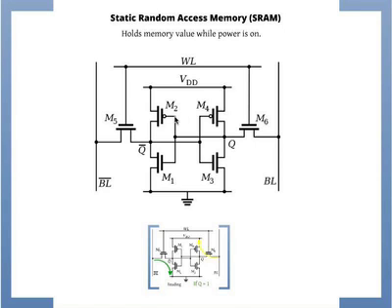I want you to think carefully. Q is the value that's stored. Q bar is the complementary value. So let's say, for the sake of argument, the value stored is 1. Q is 1, so Q bar is 0. If Q is 1, it's connected to this gate. Which transistor is on?